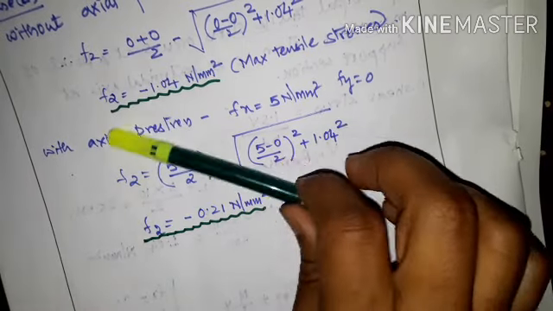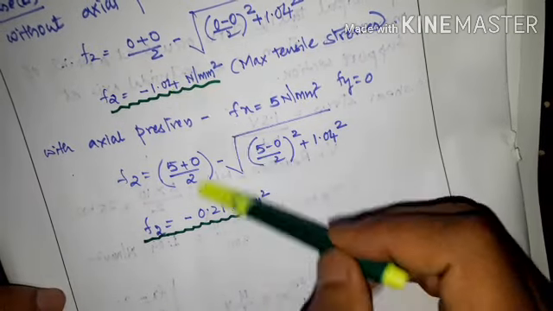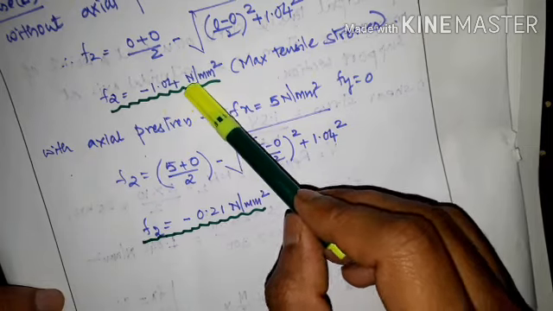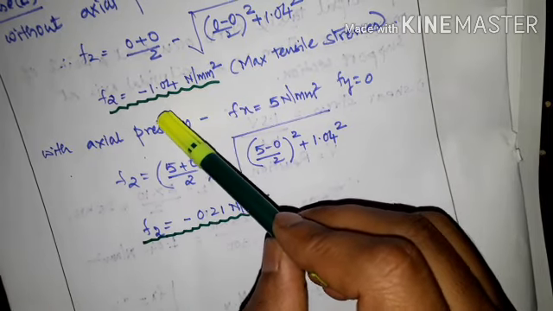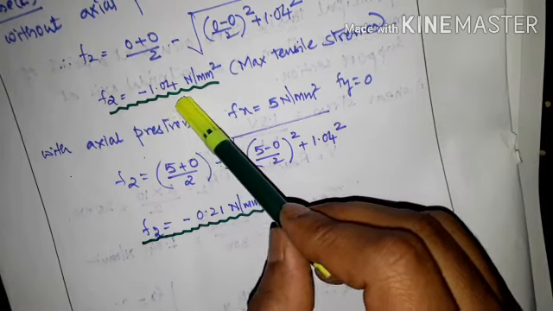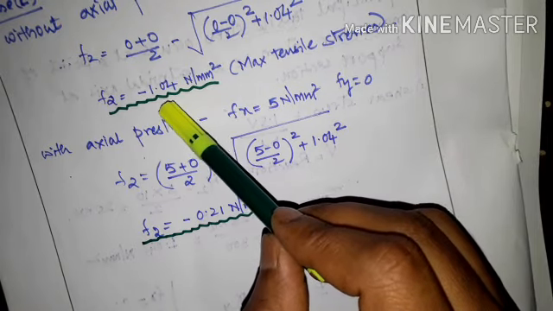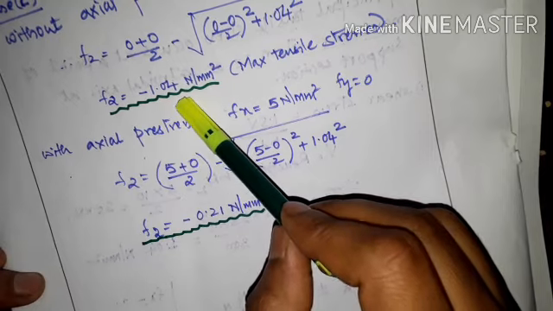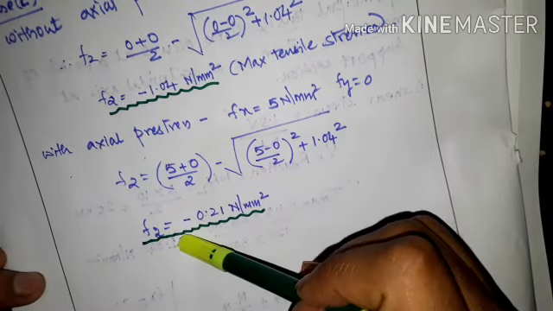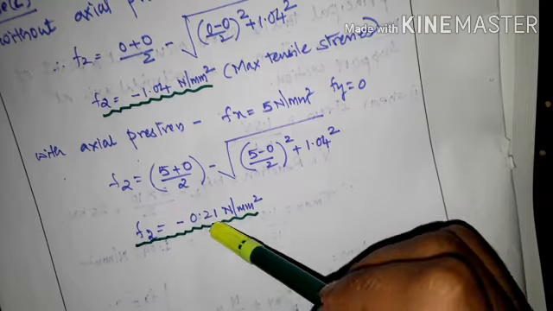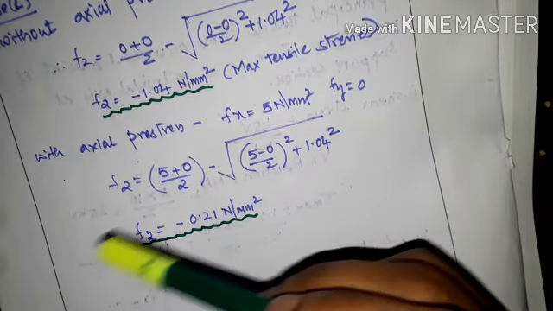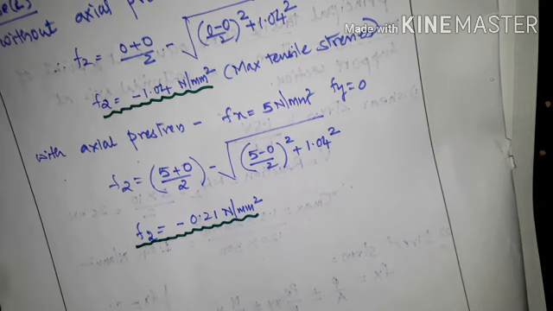Okay, so we can see here, without axial pre-stress the concrete has to offer a shear stress of 1.04, and with pre-stress the concrete has to offer only 0.21 Newton per mm square. This is the difference when you provide a tendon.